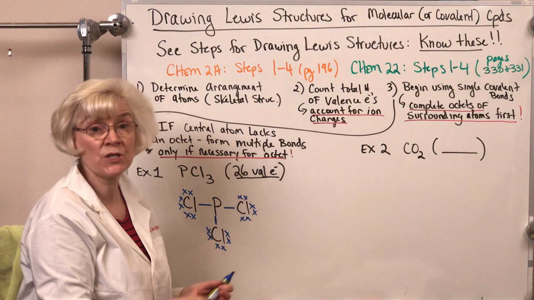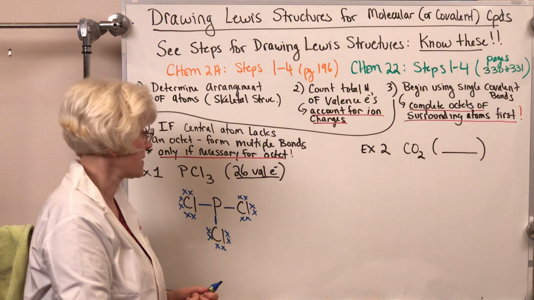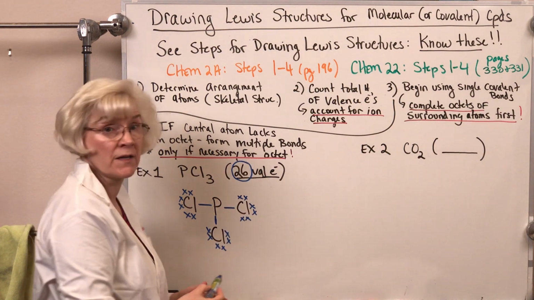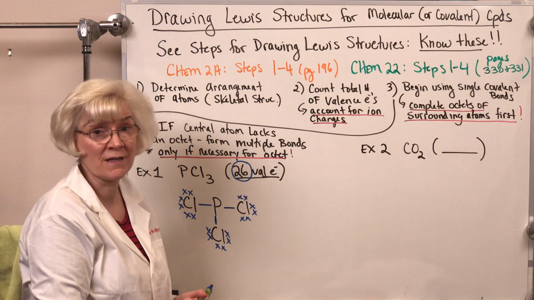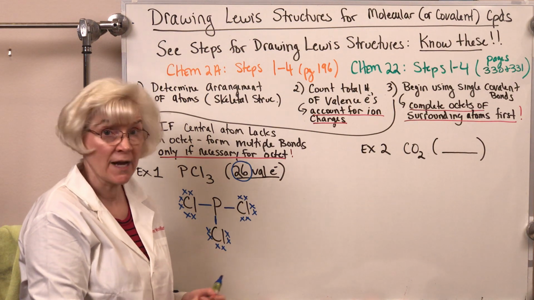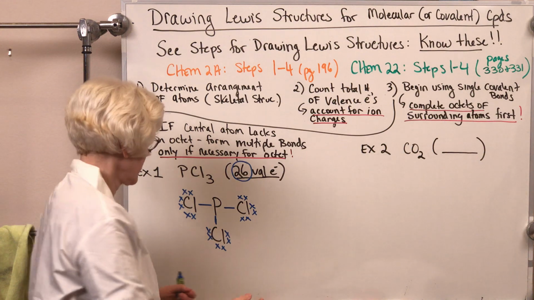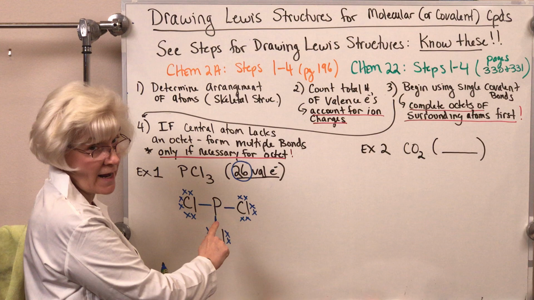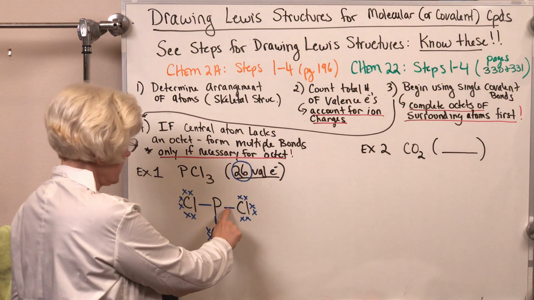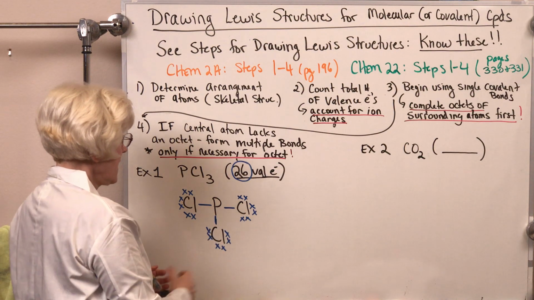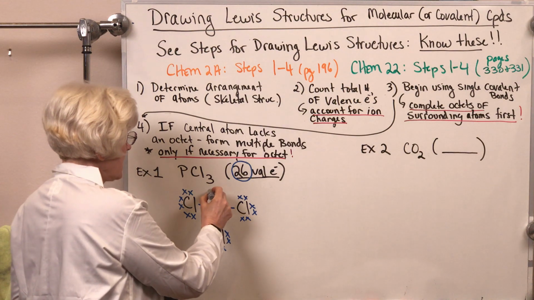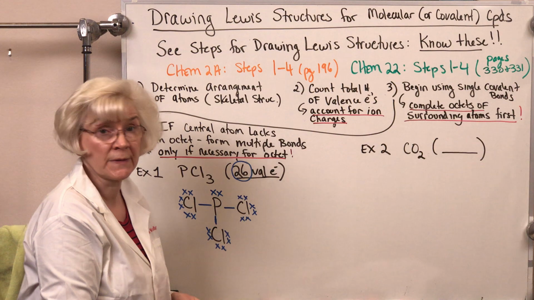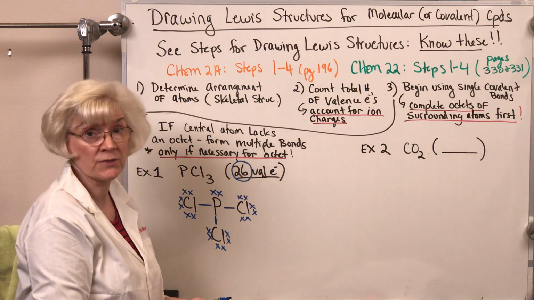That adds up to 24 electrons. But our picture must account for 26 electrons. So we have 2 extra electrons to place. And we see phosphorus doesn't have an octet. So those 2 extra electrons would therefore be placed on the phosphorus atom.